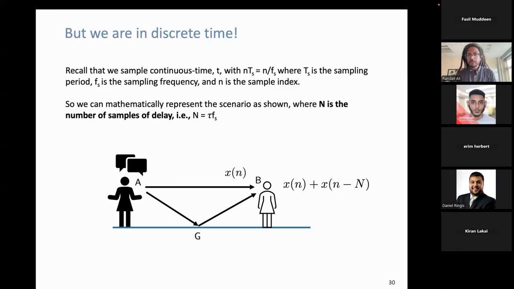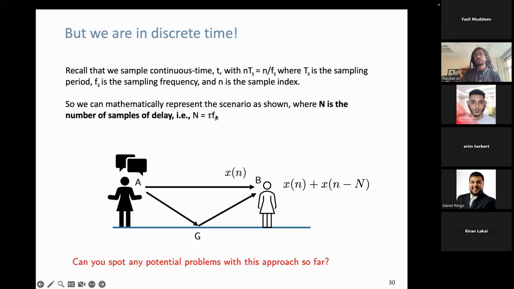Now, that's how we get to our discrete time system, but there's a problem which I'm not going to address here. I want you to think: does anyone already see a limitation of such an approach of considering capital N, the number of samples of delay, as tau times Fs?